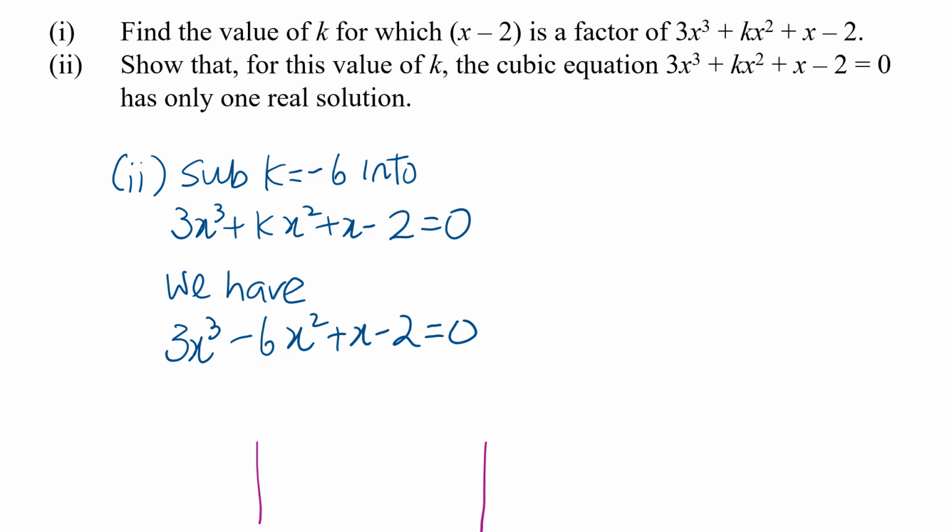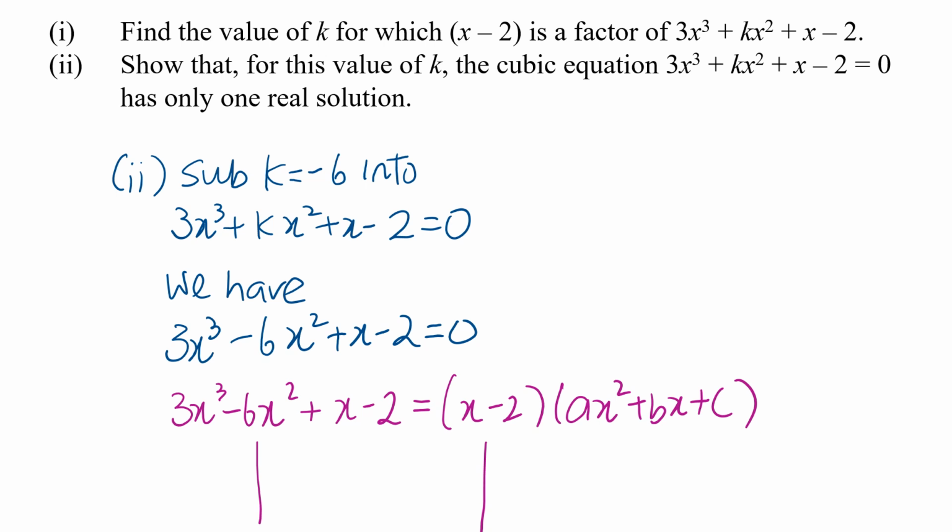Since we are told that x minus 2 is a factor, you can either use long division to find your quadratic quotient, or you can use what we have been doing for the past few slides, comparing coefficients on both sides. A cubic will be equal to a linear factor multiplied with a quadratic factor. Let's go ahead and find the unknowns a, b, and c.